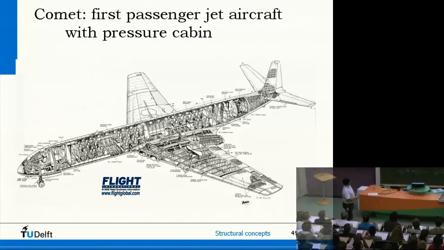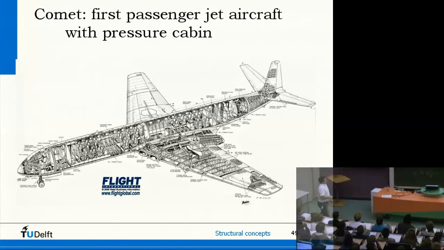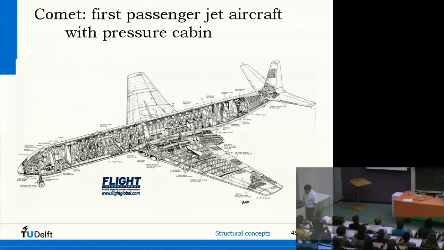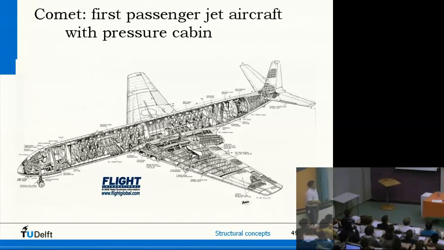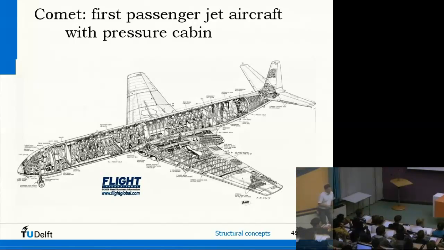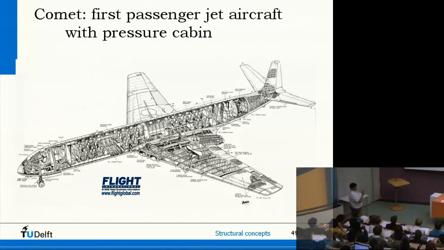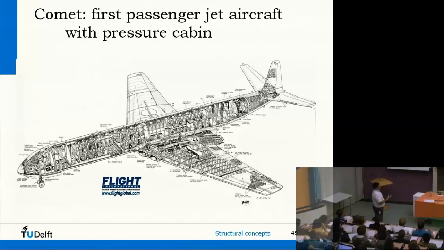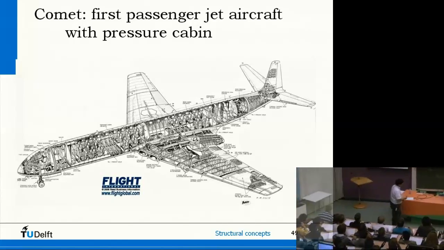And that's also the case of the failure of this aircraft, the Comet, in the early 50s. And then we actually learned about a new type of loading, and that was fatigue. Before that, we never calculated, we never recognized fatigue until this aircraft.